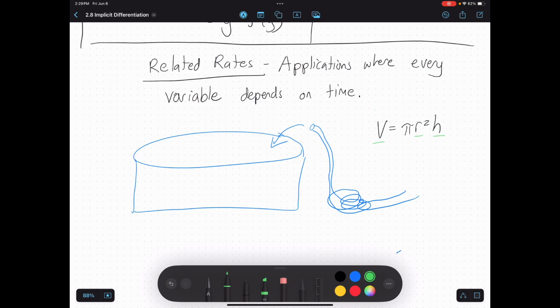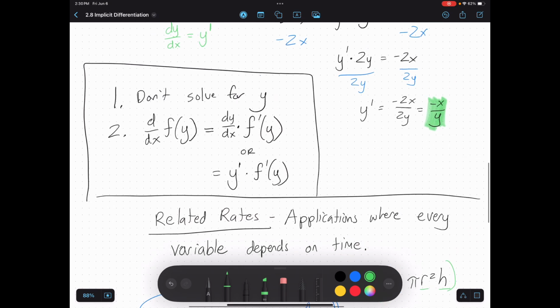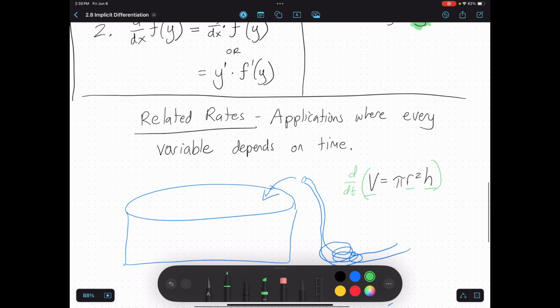So all of these variables depend on time. Therefore, I can take the derivative of this in terms of time to analyze how exactly they change as time passes. So we'll go through an example of one of these in the examples video, but the concept behind this is still the same. You're just taking the derivative and you're using this process as you take the derivative in terms of time.